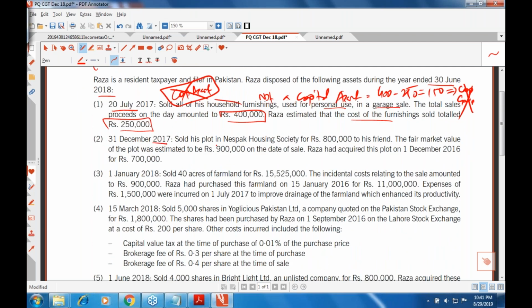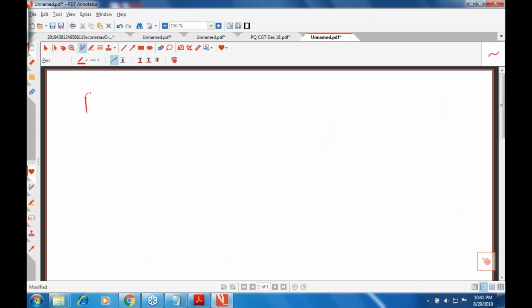The second one: 31st December 17, he sold his plot in Nespark housing for rupees 800,000 to his friend. The fair market value of the plot was estimated at 900,000 on the date of sale. He had acquired this plot on 1st December 16, and so on. Now, important. So basically the plot is a separate block of income.